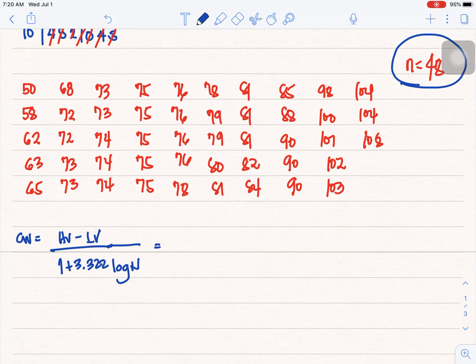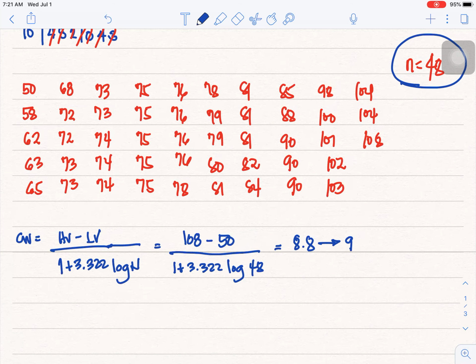So we have our highest value, 108, minus our lowest value of 50, divided by 1 plus 3.322 log of 48. This is equal to 8.8. Again, as per the rule, this should be rounded up to the next whole number, that is 9.